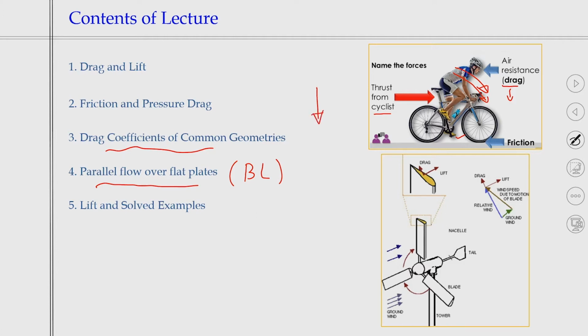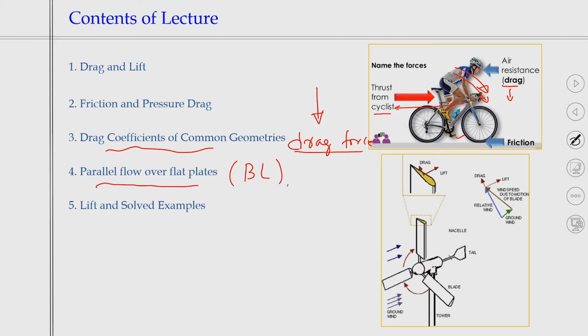drag forces, which act in the direction of the flow. In the direction of the flow, because of air resistance and flow structures, all create an effect equivalent to a drag force.